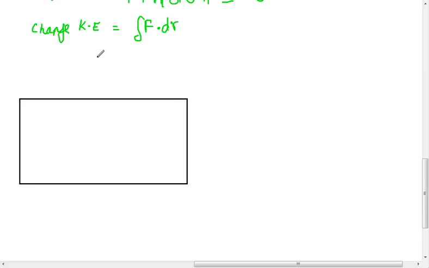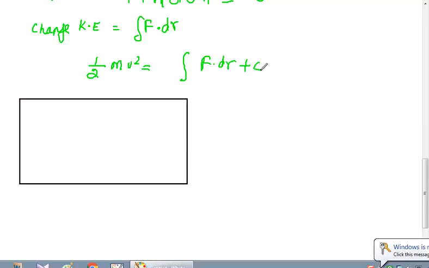If you look at this, half mv square is equal to the integral of F dot dr plus c. If you are careful about it, this will be the kinetic energy. Here c is some constant.